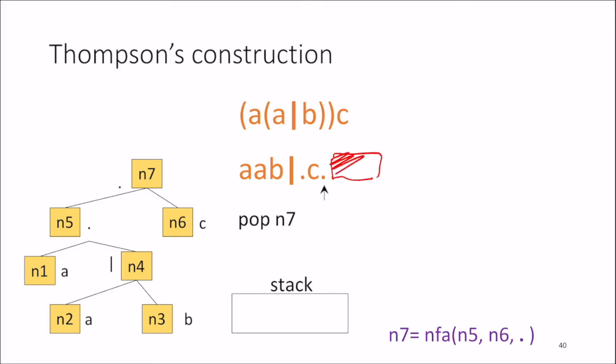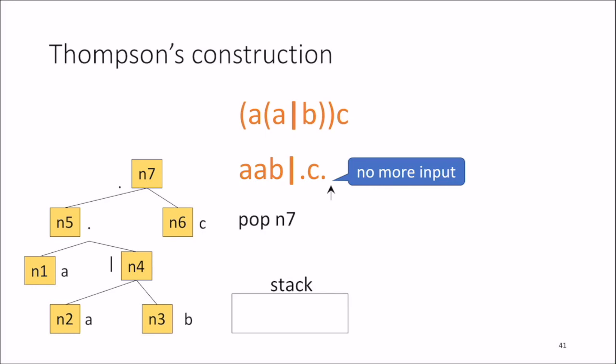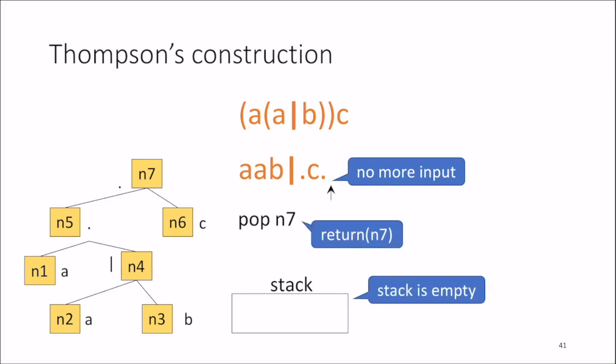So we are ready to pop the top of the stack. There should be only one element if we did everything right. And we pop that element, and since there's no more input and the stack is empty, we return N7 as the constructed NFA from this algorithm.